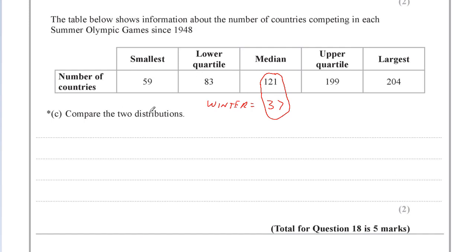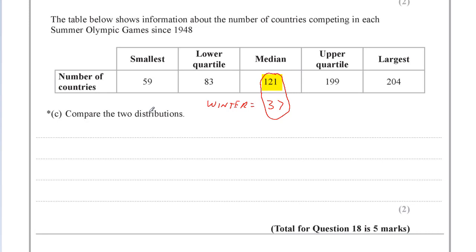And now we've got to do some interpretation. Let's read it first. The table below shows information about the number of countries competing in each Summer Olympic Games since 1948. So it was winter, now we're summer. And we've got to look at all this information and compare the two distributions. It doesn't matter too much what we put down, as long as we let the examiner know that we understand what's going on. I think we'll compare the medians first. So the median here is 121.